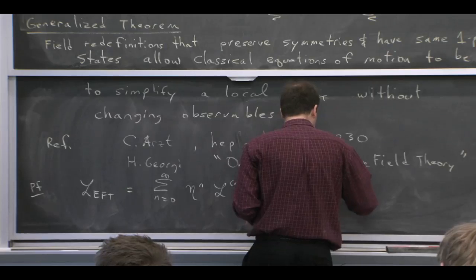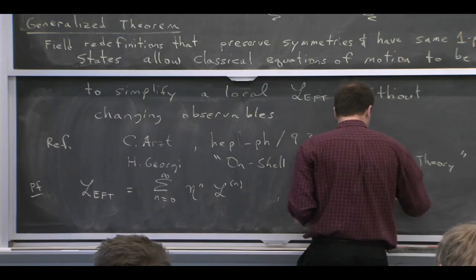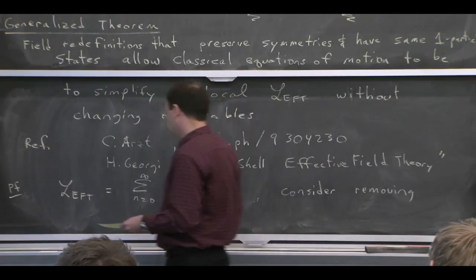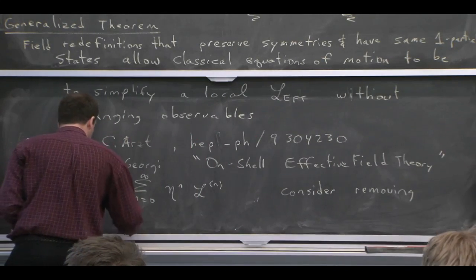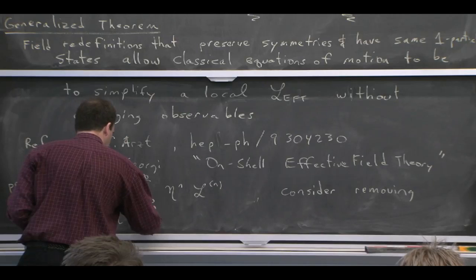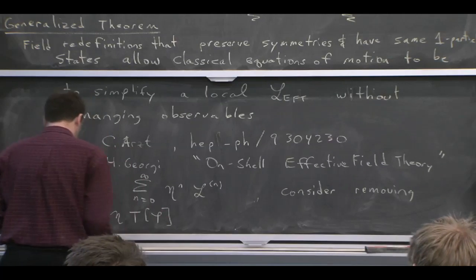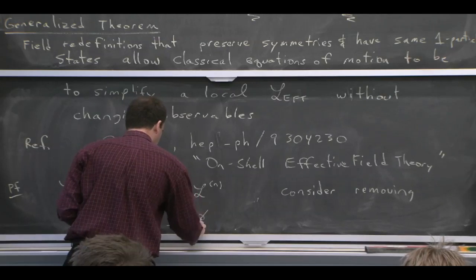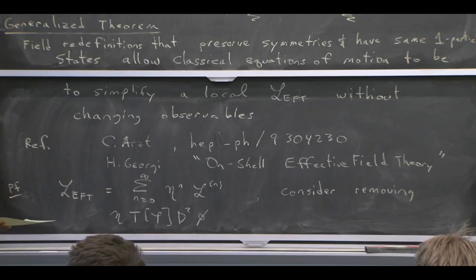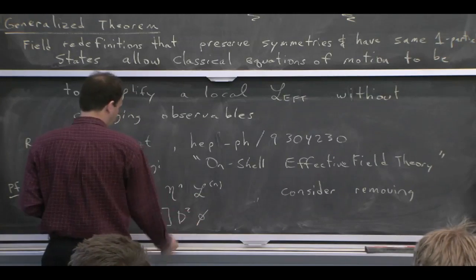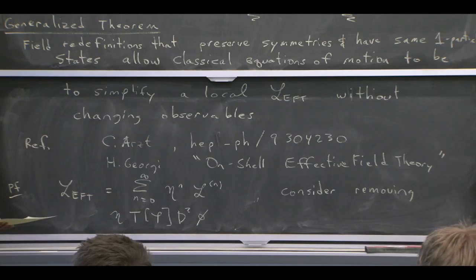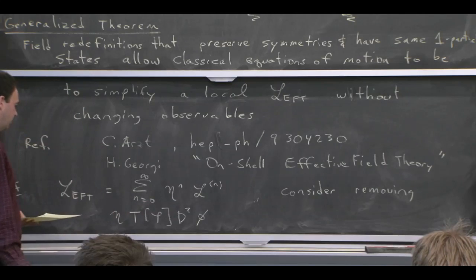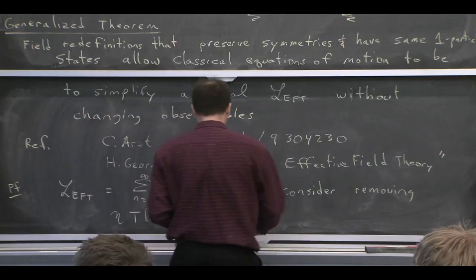And let's consider removing some operator that looks like we should be able to remove it by making a field redefinition. I'll try to be a little bit generic about what the form of that operator is. So I'll say it's covariant derivative squared acting on a scalar field, just to make things simpler, but then multiplied by any function of all the other fields in the problem, and that's what t is.